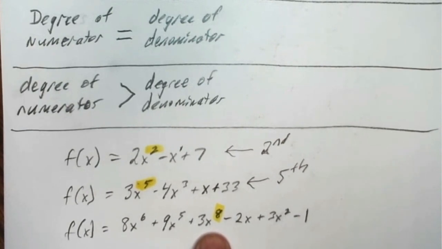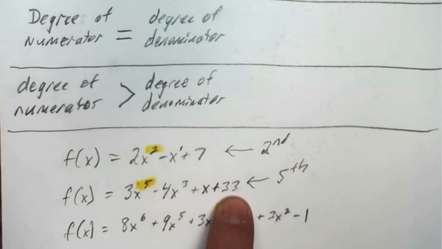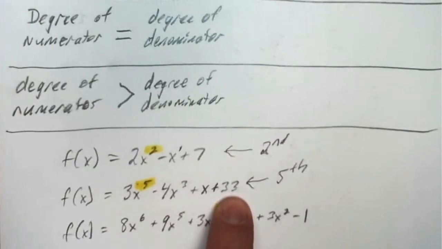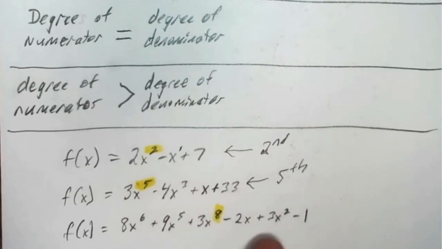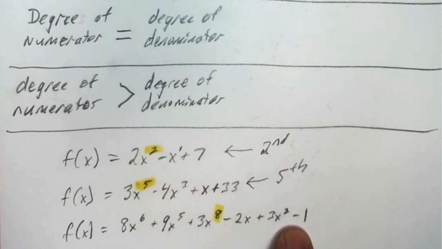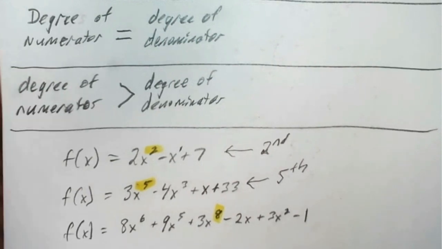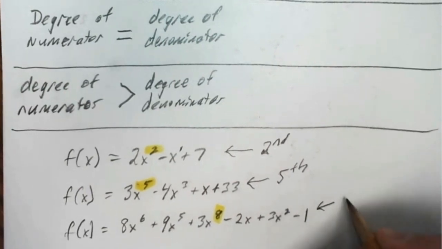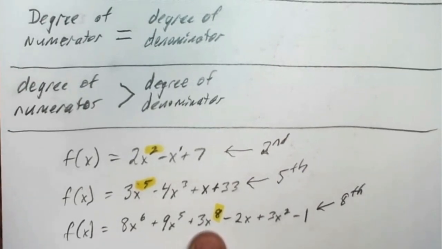In standard form, you write it from largest to smallest exponent. This one was x to the 5th, and then x to the 3rd, and then x to the 1st, and x to the 0. 33 is actually x to the 0 if we want to look at it in terms of degrees. So just because it's not written in standard form does not change the degree. This is an 8th degree because 8 is the largest exponent in the equation.